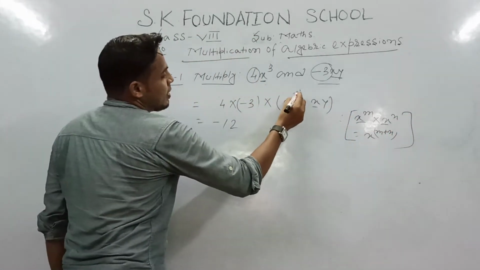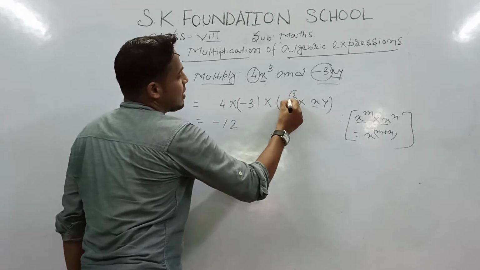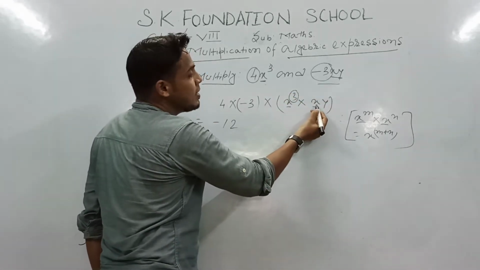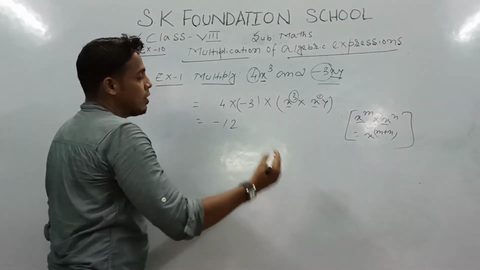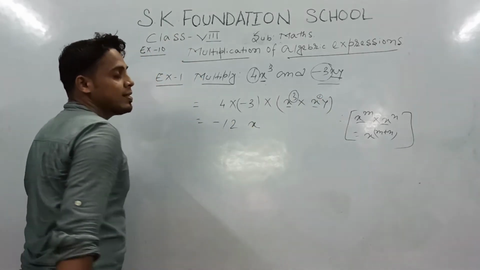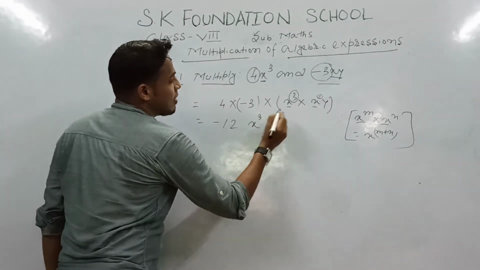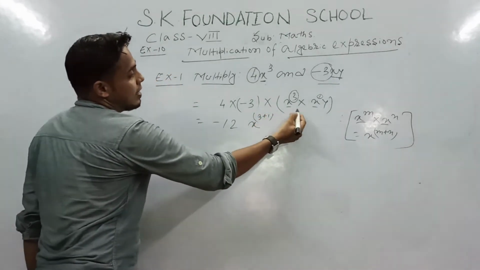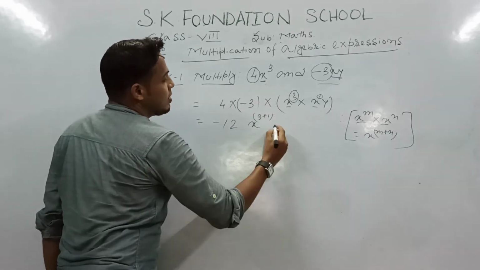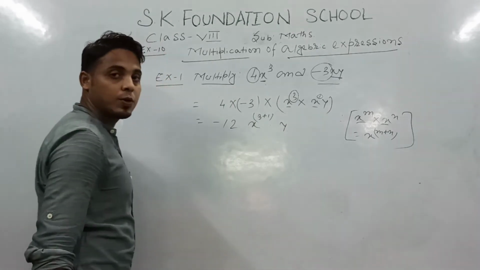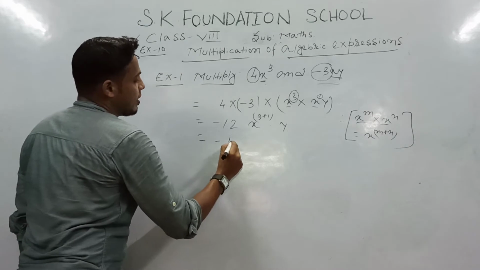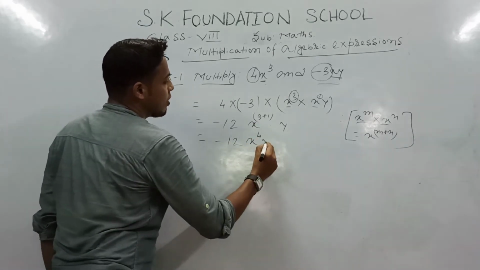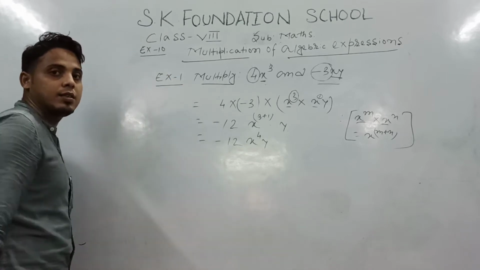So here, in the first term x contains power 3 and in the second term x contains power nothing, means 1, right? So first we take the base as a common part, then 3 plus 1, powers are added because they are in multiply form, and y is a single term, that is only 1. Okay? So minus 12, 3 plus 1 is 4, x to the power 4 into y to the power 1. This is our answer. Understood?